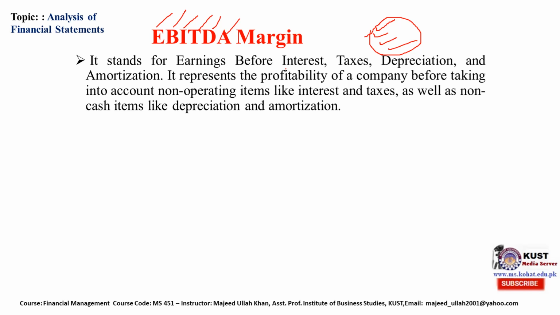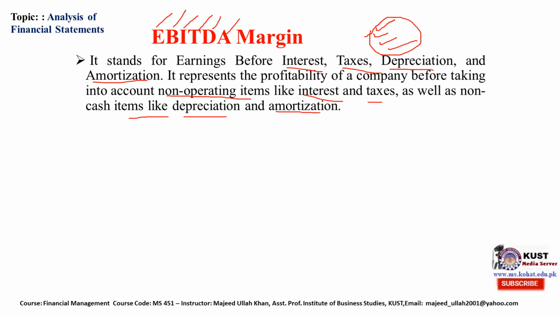It stands for earnings before interest, taxes, depreciation and amortization. It represents the profitability of the company before taking into account non-operating items like interest and taxes, as well as non-cash items like depreciation and amortization.